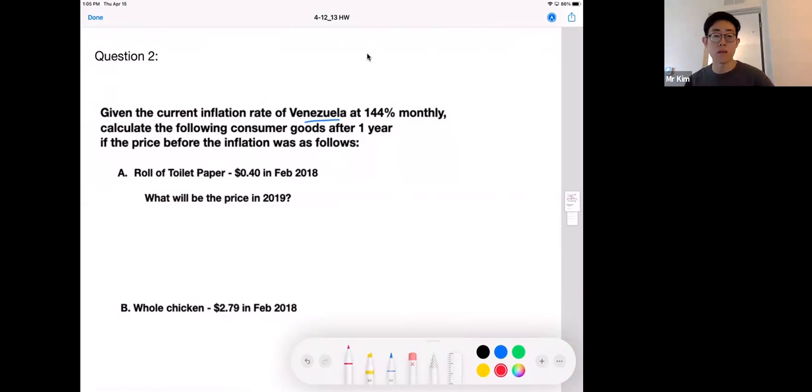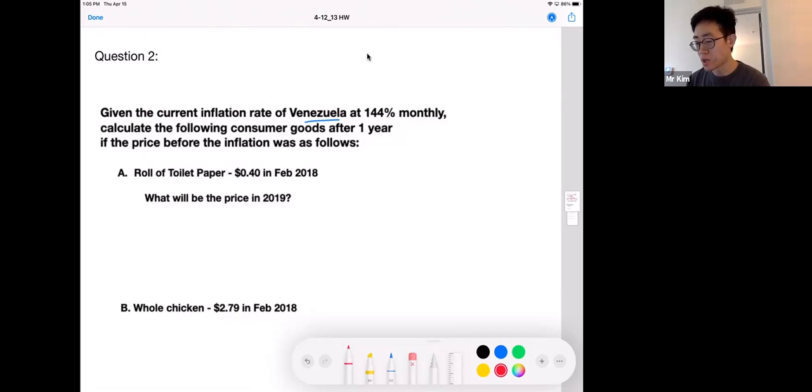So if you're trying to go out and buy everyday goods like toilet paper or whole chicken at the groceries, it's going to cost like millions of their currency unit. Just to buy a loaf of bread, there's so many zeros after the amount of money that they actually have. So it was getting to the point where the currencies were just practically no value.